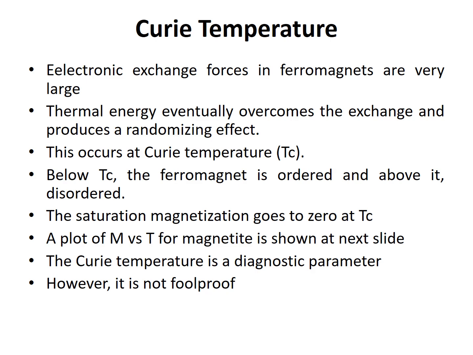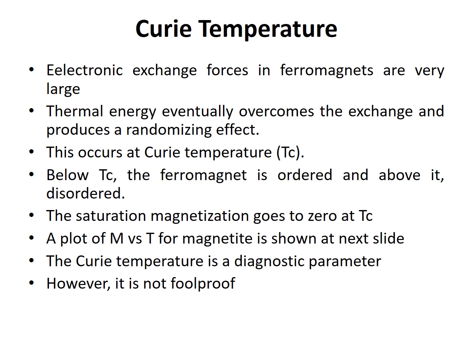These electronic exchange forces tend to align themselves, and about the origin of ferromagnetism we have discussed in our previous lecture according to classical theory as well as according to Heisenberg's concept. According to classical theory, the source of ferromagnetism is the presence of magnetic domains in a parallel alignment, and according to Heisenberg's concept, the source of ferromagnetism is exchange forces.